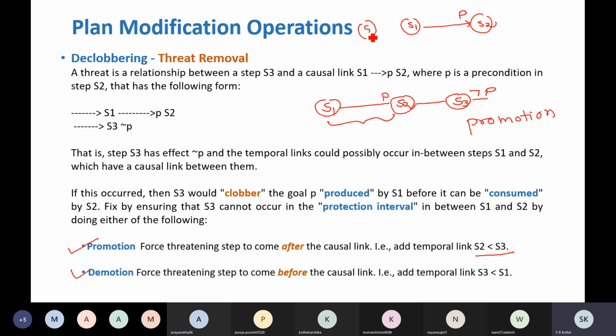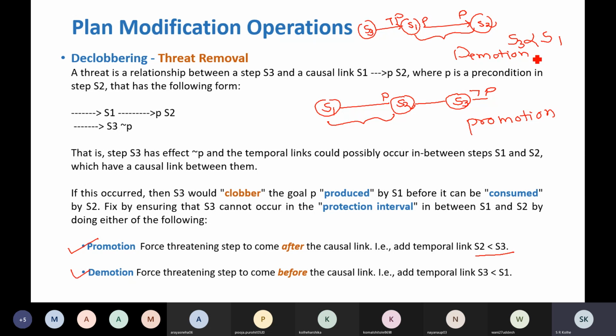So S3 will come before the causal link. We write that as S3 should come before S1. Because of this, the effect of S3 is not P, but S1 will make P true again. So we will not have any problem between S1 and S2. This is called demotion.